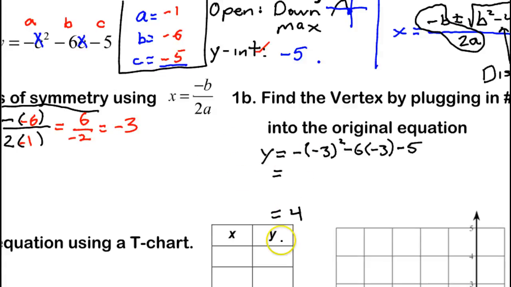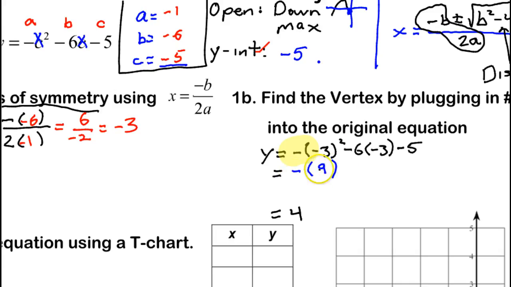Done correctly, you should come up with 4. See why? The most common mistake is that if you did negative times a negative first, you did not follow the order of operations. You have to square negative 3, exponents first, and then multiply. So that's why it's good to try it on your own and see what's going on. So we have this.